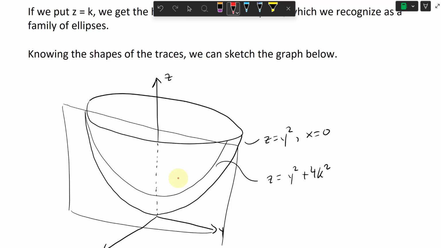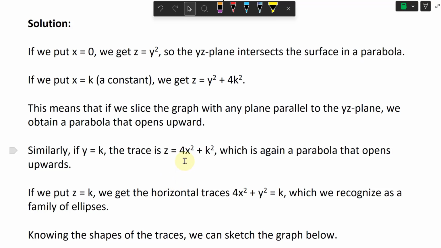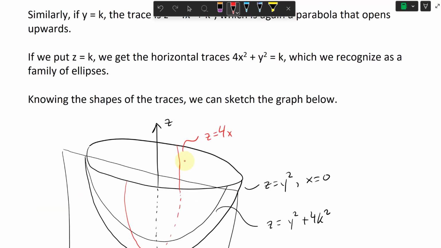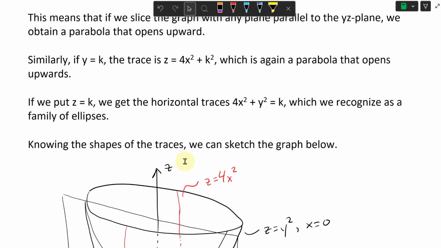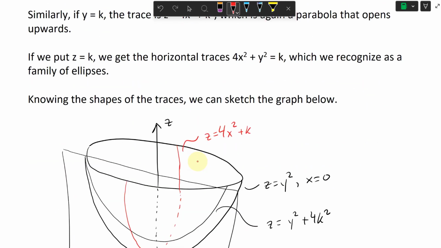Let's draw it across like that in red, and then it's going to go dash dash dash all the way across here, just behind that there. And this one is going to be z equals 4x squared plus k squared.